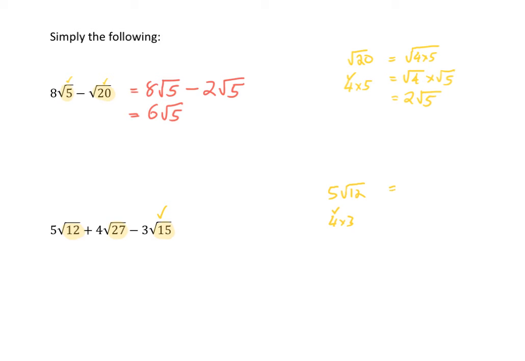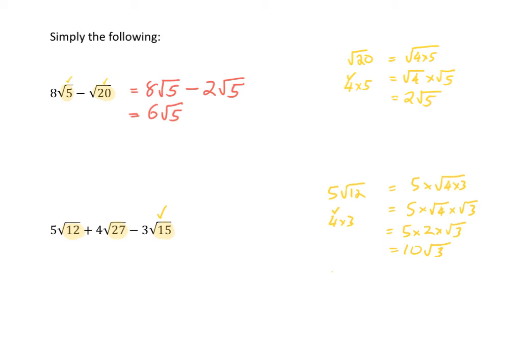So it's going to equal 5 times the square root of 4 times 3, which is equal to 5 times the square root of 4 times the square root of 3. So 5 times 2 times the square root of 3 equals 10 times the square root of 3.